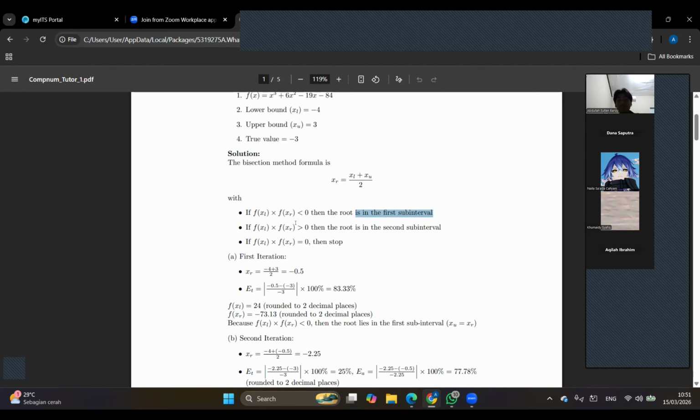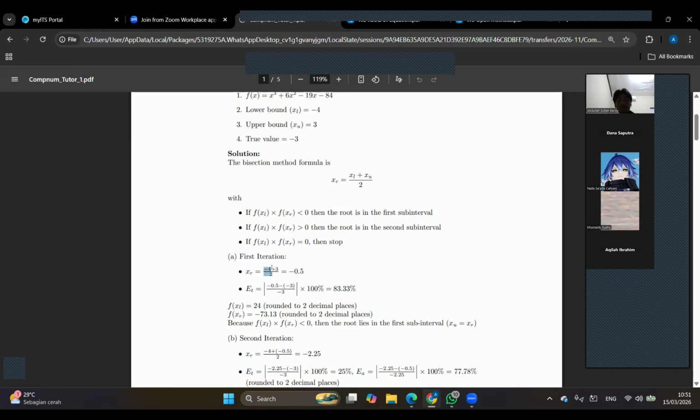If it's bigger than 0, then the root is on the second, right side. And if it equals 0, then you may stop because you already got the root, xr equals the root.